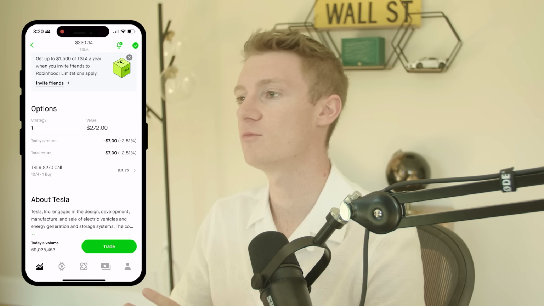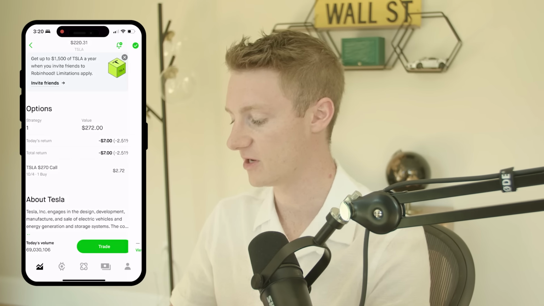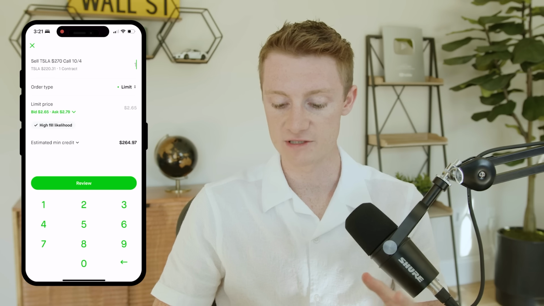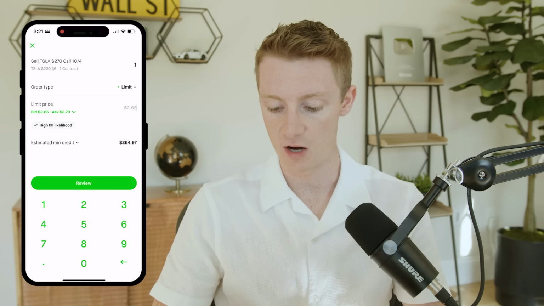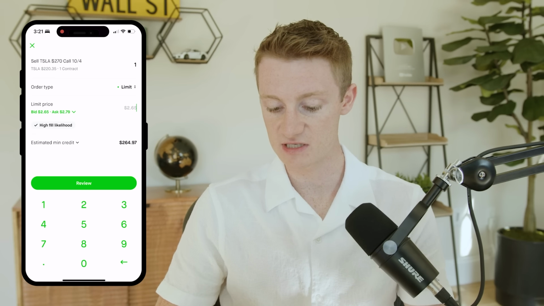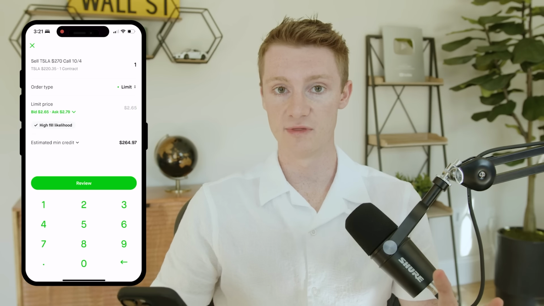Now let's say I'm ready to close my position, whether I hit my stop loss or take profit. I'm going to click on the order, click on trade, click on sell, and obviously I've only got one contract, and we are presented again with the option to choose our order type. We can see now the bid is 265 and the ask is 279. Because I'm selling these contracts, now it's the opposite.